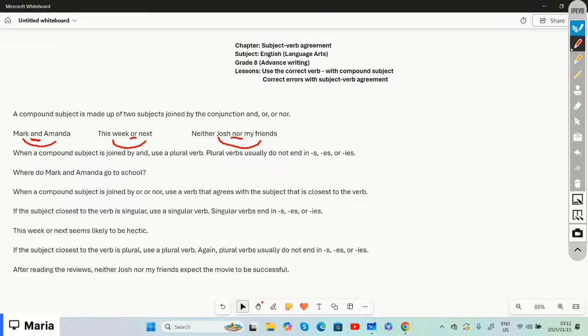And when a compound subject is joined by the word and, then it means that we need to use a plural verb.